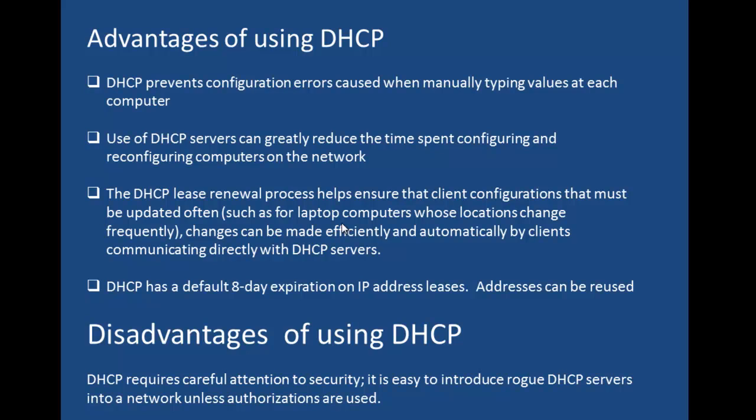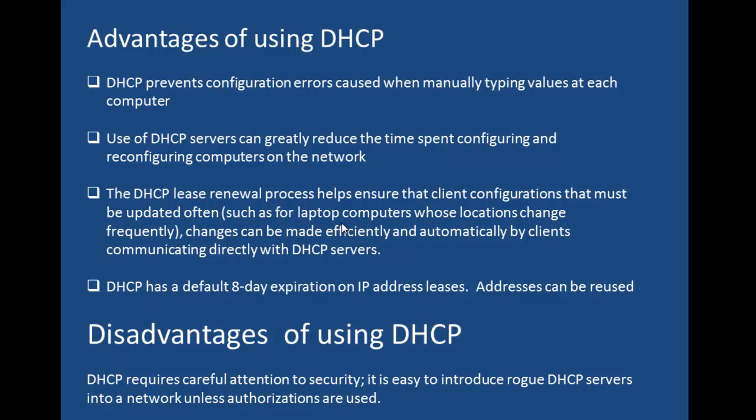You can have a server machine that is not authorized. When that happens, the whole network will go down because the client will not know where to get the DHCP address from.